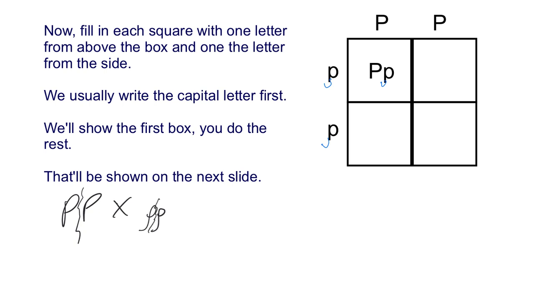You write the letters on top, and the letters for the other mate down the side. Then you just put them together. I always put the capital letter first.